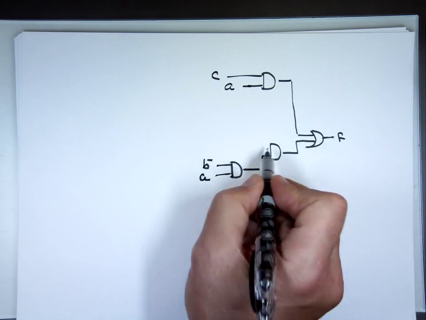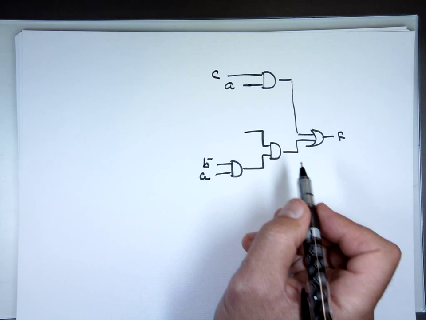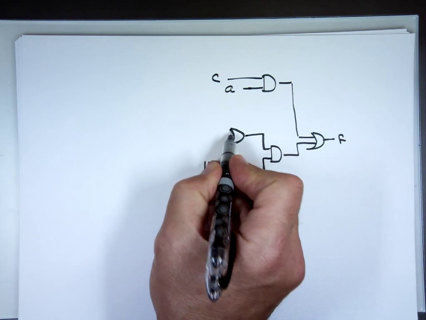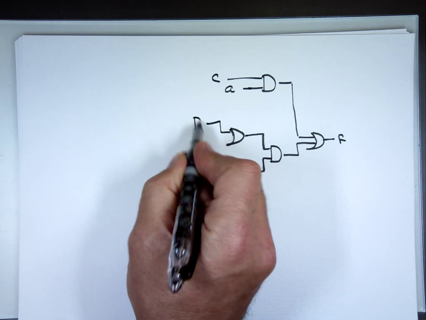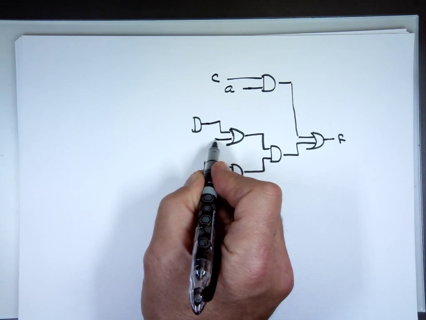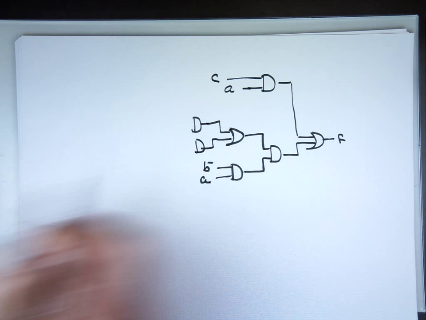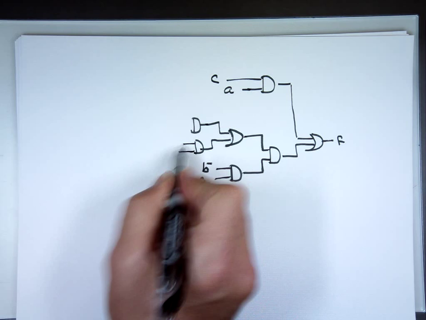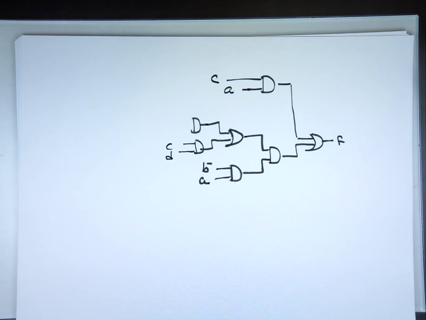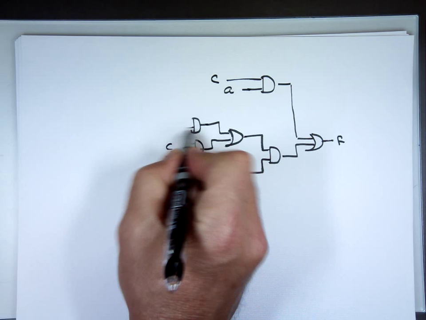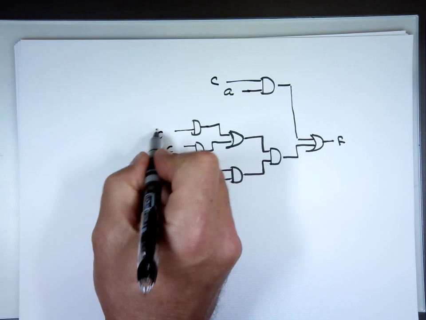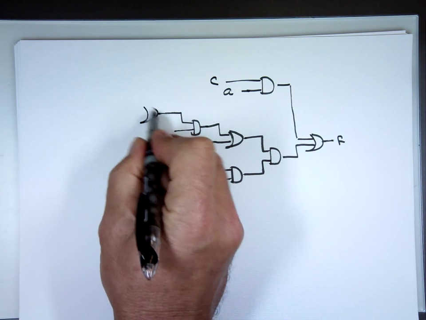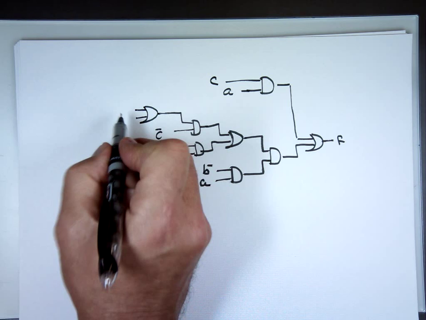The top here, we have an OR gate. From this OR gate, there's two AND gates. One AND gate has C and D, the bottom one. The top one has C bar and another OR gate of A and B. I think that's it.